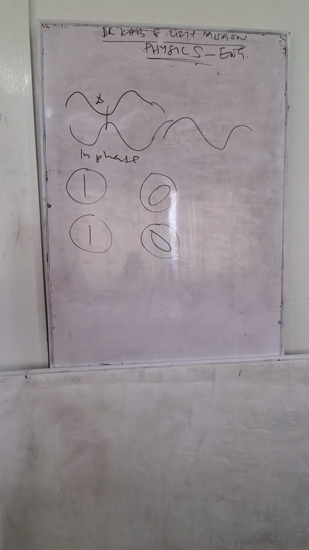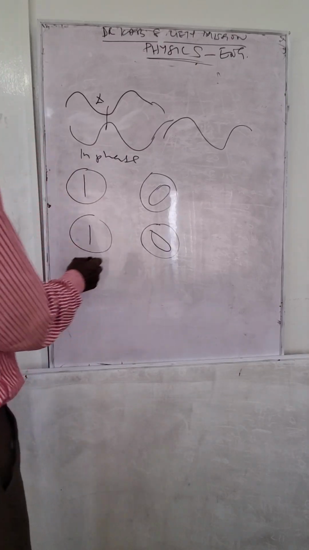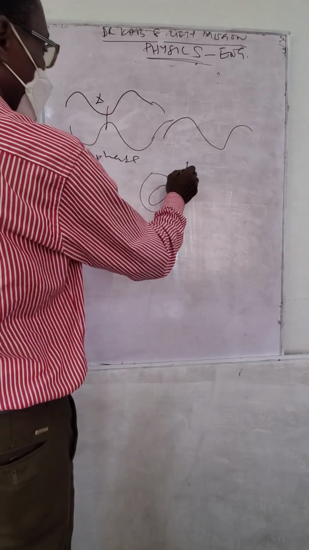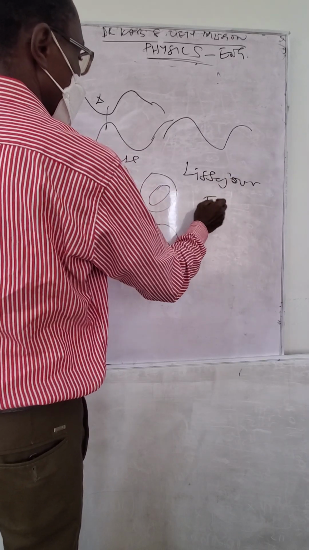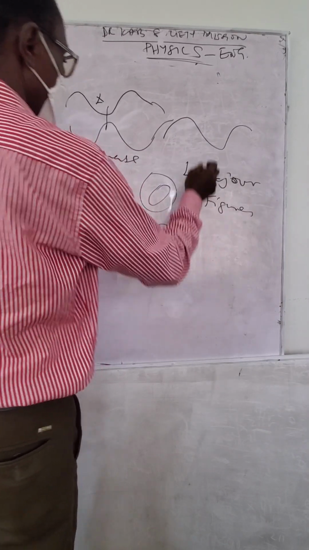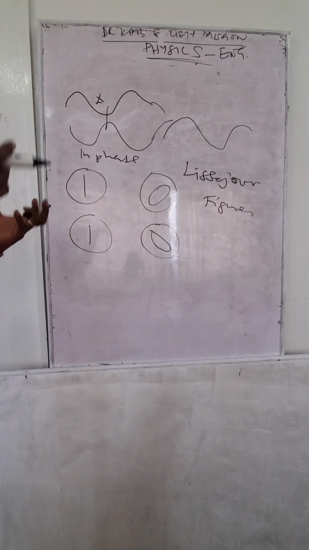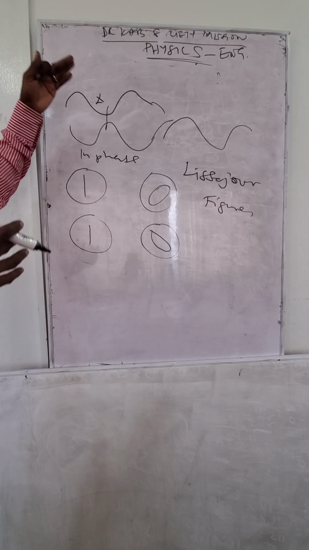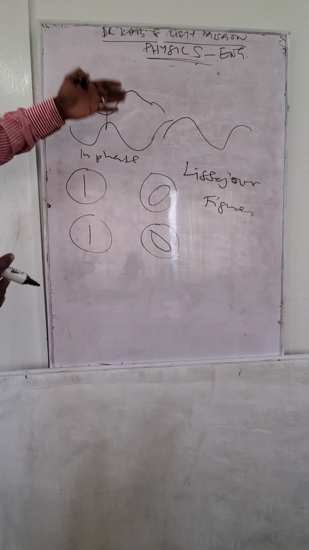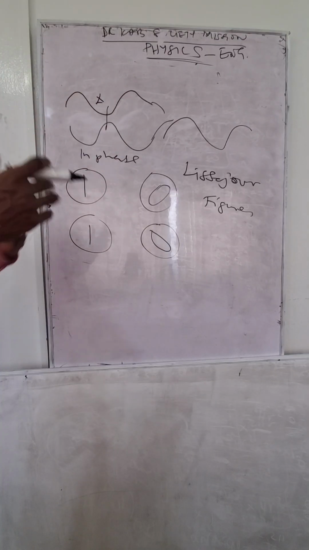Now if you look at it from this angle, this kind of representation is what we call the Lissajous figures. So you can use this one, maybe you have two sounds, you can use it too. If you know the sound of one, if they come in phase, then you know they are the same, they have the same frequency or the same wavelength and that kind of thing.